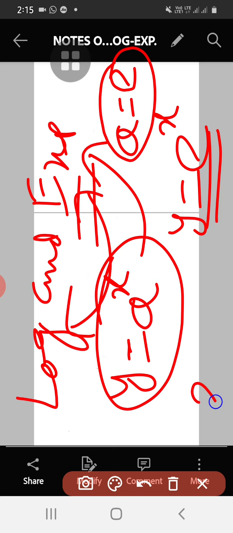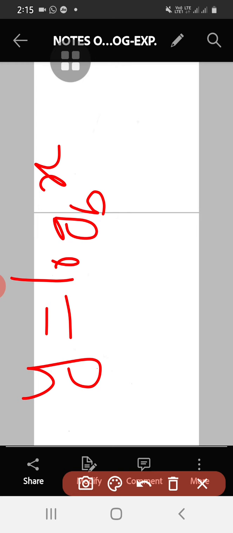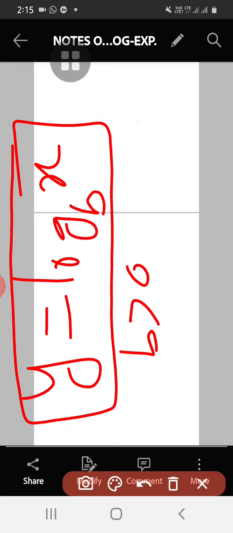We have drawn the graph of 2 to the power of x. Then the function of the form y is equal to log x to the base b, where b is called the base. The base is positive and x is also greater than 0.